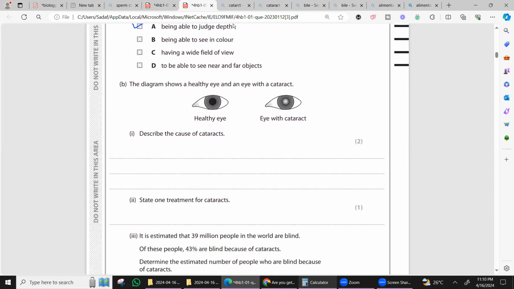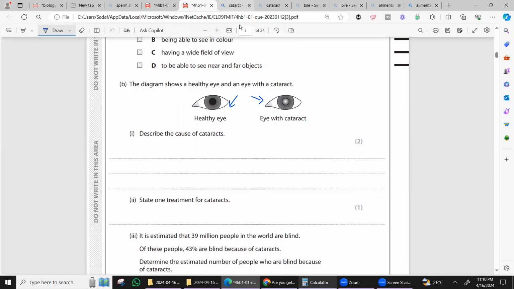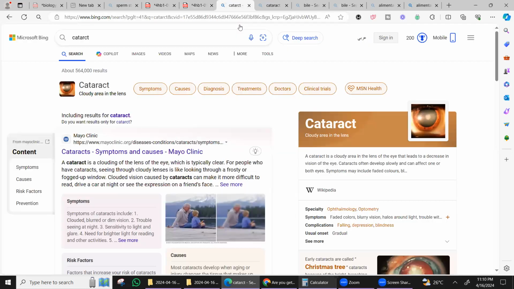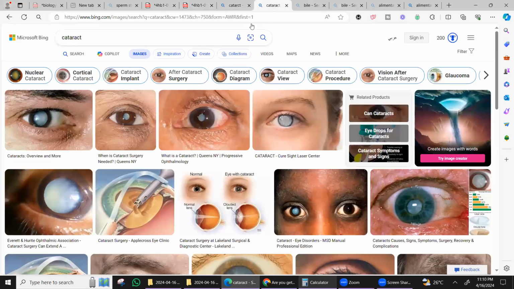Question number B. The diagram shows a healthy eye and an eye with a cataract. This is showing the healthy eye, and this is showing the eye with cataract. Describe the cause of cataract. In this picture, you can see the eyes with the cataract.